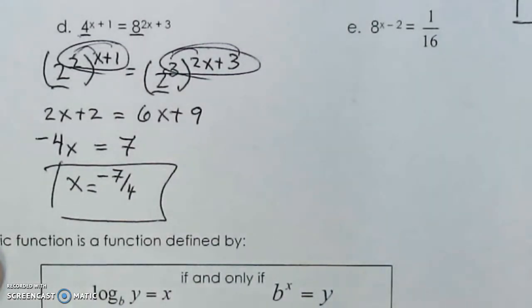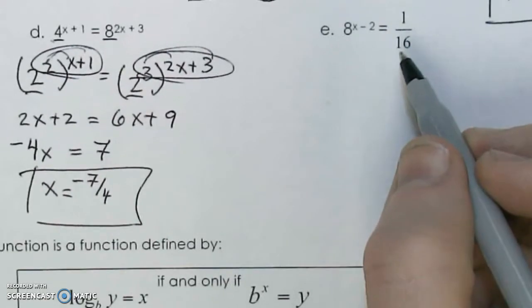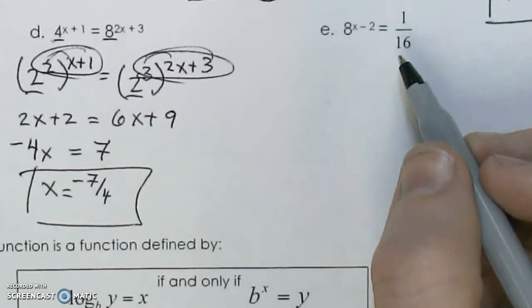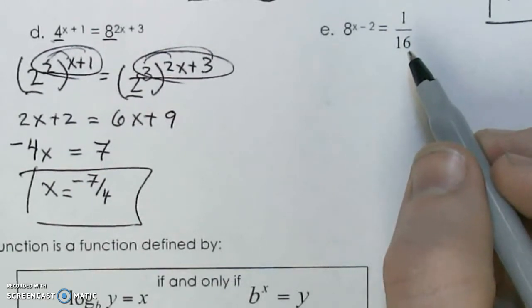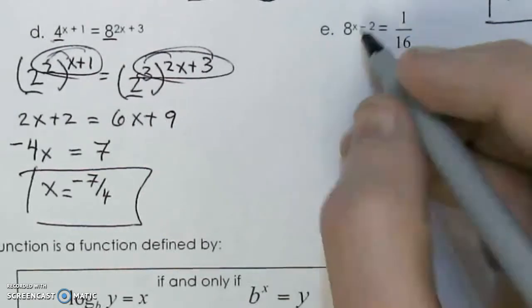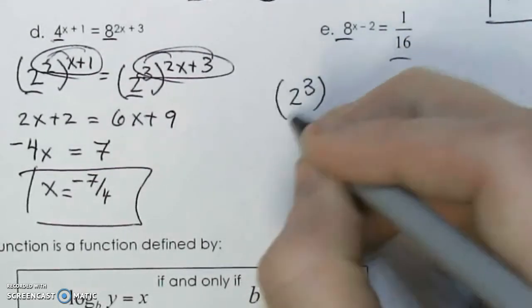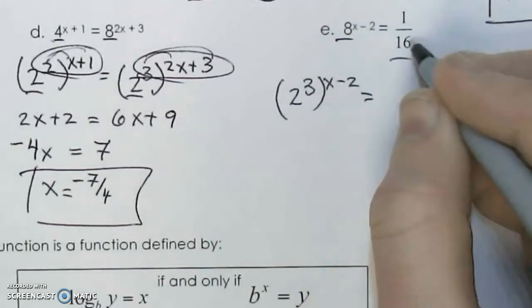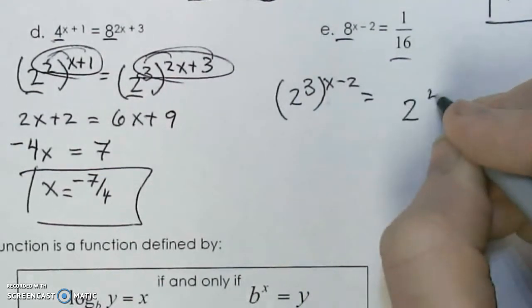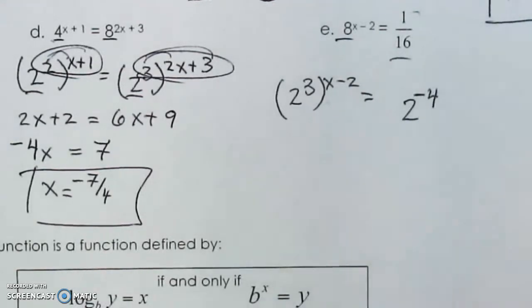And then here, E, I've got 8 and 16. Now, I can't change 8 into 16 with exponents, but I can change both of them into a base of 2. So 8 is 2 cubed. And 16 is 2 to the 4th, but 16 is on the bottom, so you make it negative 4th.